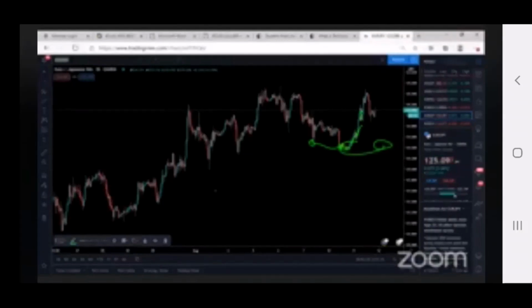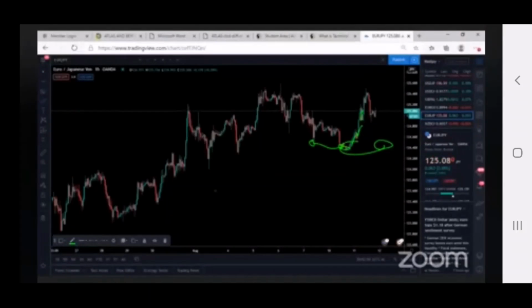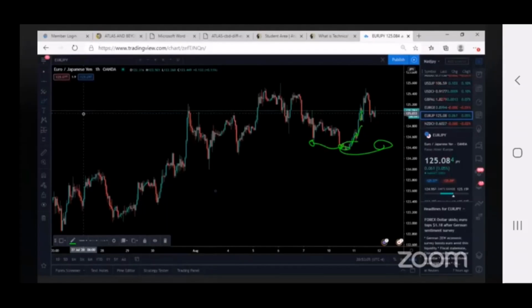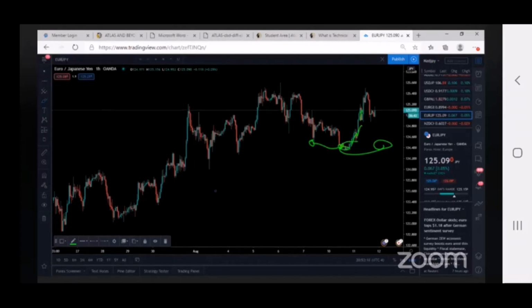Let me show you what pairs are. Right here, it's EUR/JPY. The 3 letters on the left stand for Europe, the euro, and JPY is the Japanese yen. USD would stand for United States dollar. So you're trading those 2 currencies against each other.